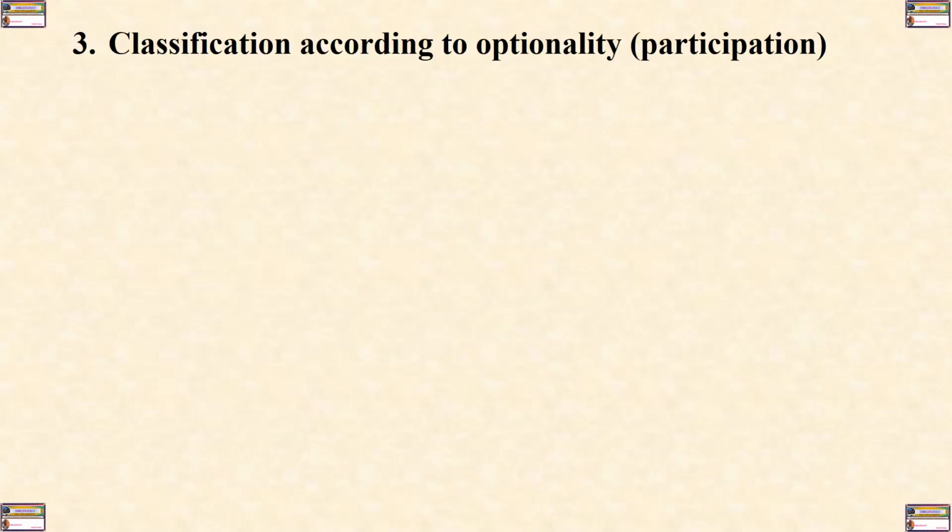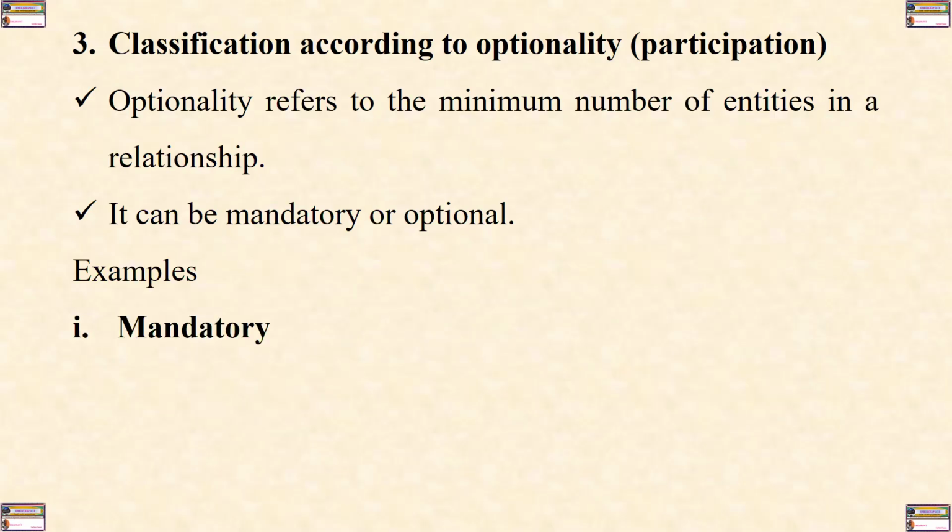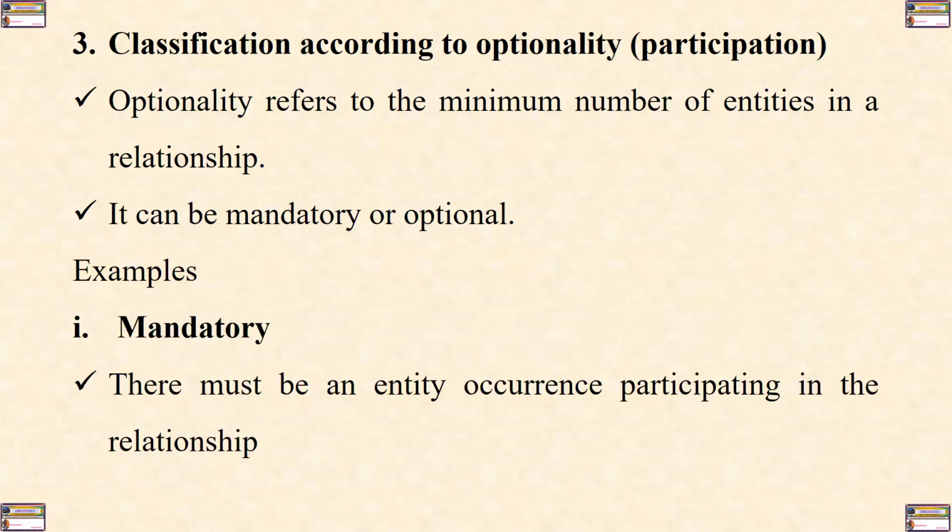The third way of classifying relationships is according to optionality or participation. Optionality in this case refers to the minimum number of entities in a relationship. It can be mandatory or optional. Under optionality, we have the mandatory relationship and the optional relationship.